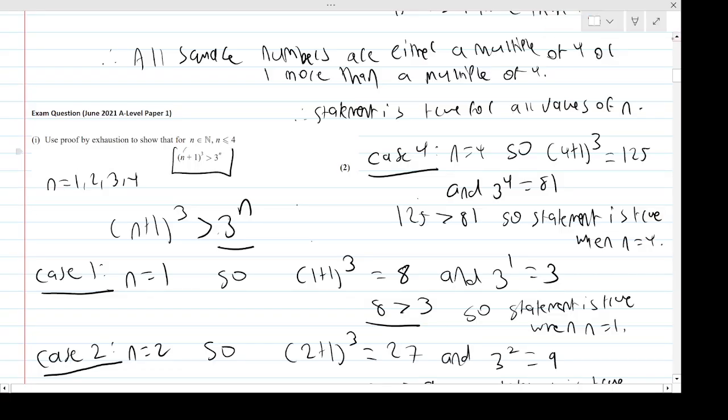We've shown that this is true for n is 1, 2, 3 and 4. I think the trickiest thing is spotting the notation and that you should split the values of n to these 4 numbers only, and then you literally just substitute them in. But that's the idea of exhaustion. It could be as simple as just substituting numbers in.